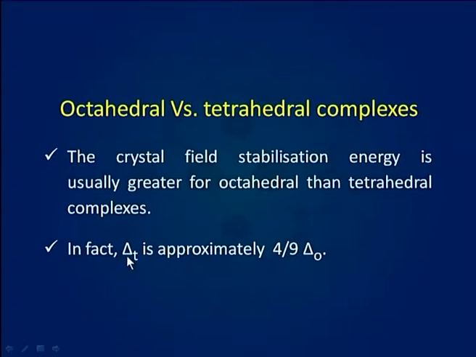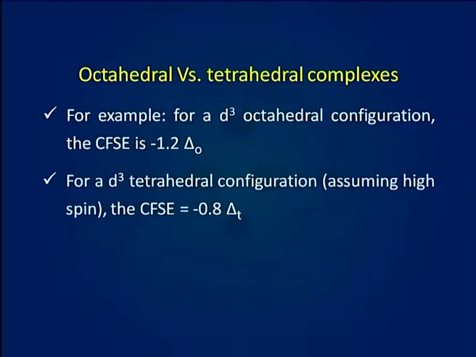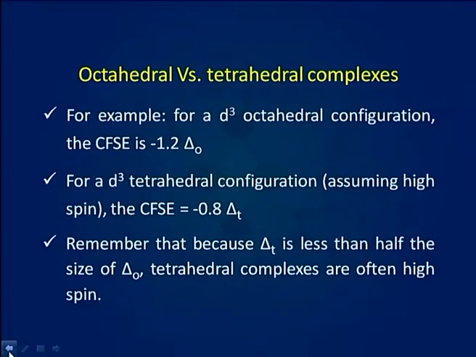In fact, delta T is approximately equal to 4/9 delta O. We can calculate the difference in stabilization energy between octahedral and tetrahedral geometries by putting everything in terms of delta O. For example, for a d3 octahedral configuration, the crystal field stabilization energy is minus 1.2 delta O. For a d3 tetrahedral configuration, assuming high spin complex, the crystal field stabilization energy is equal to minus 0.8 delta T. Remember that because delta T is less than half the size of delta O, tetrahedral complexes are often high spin.